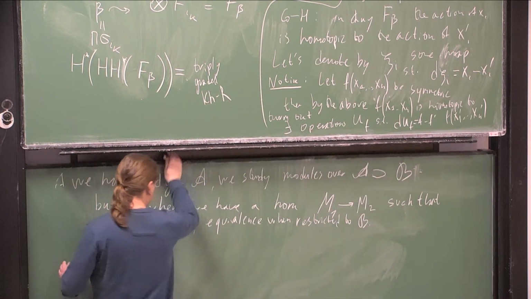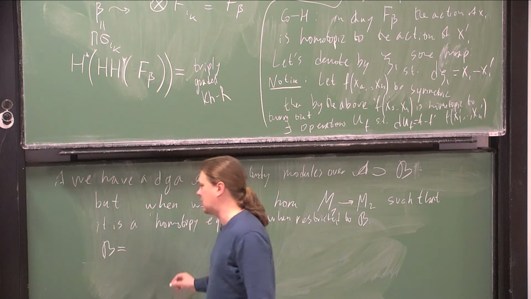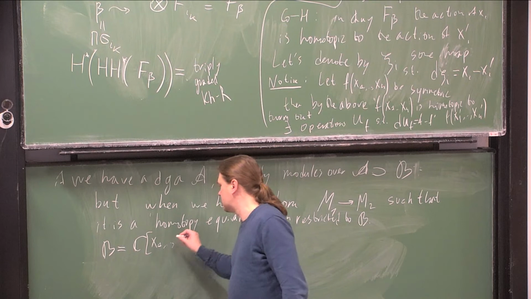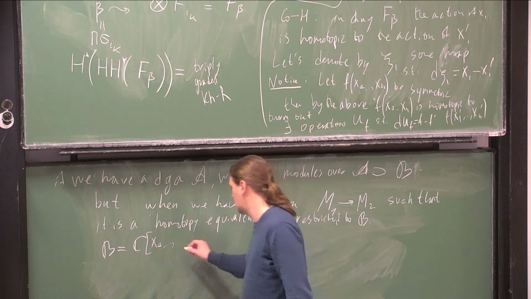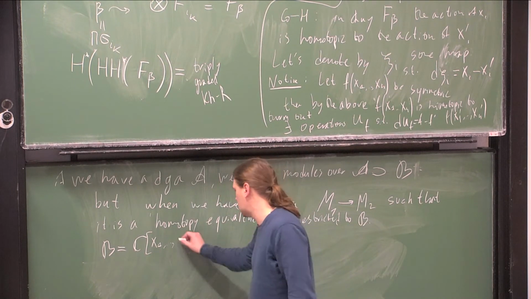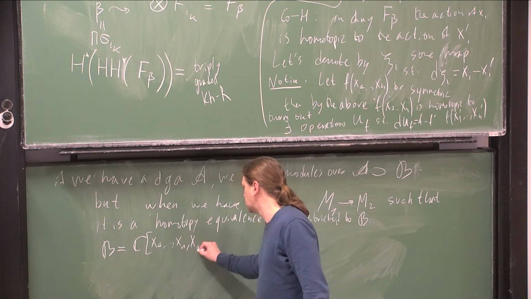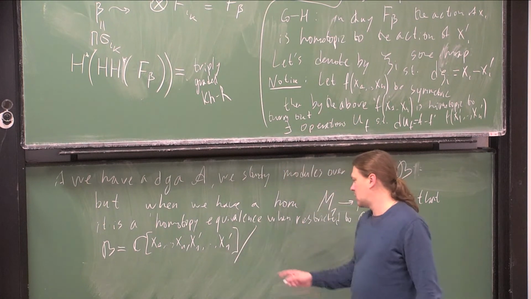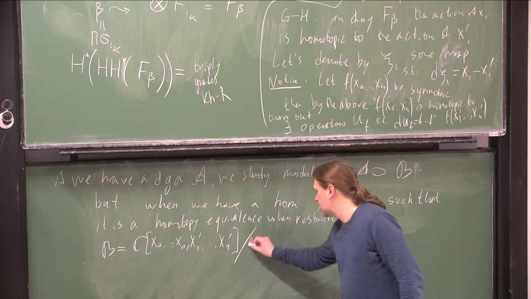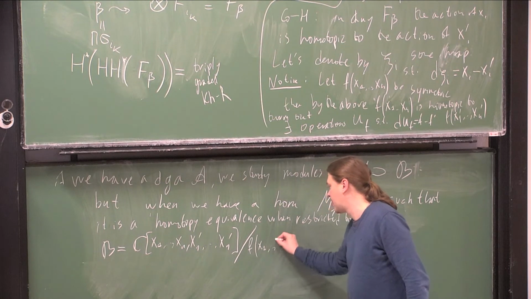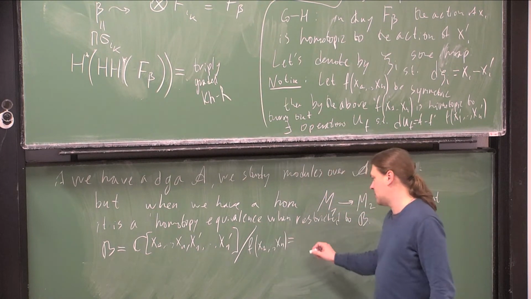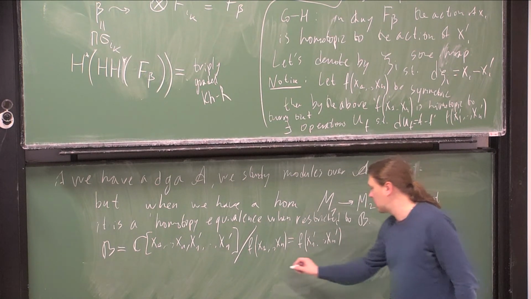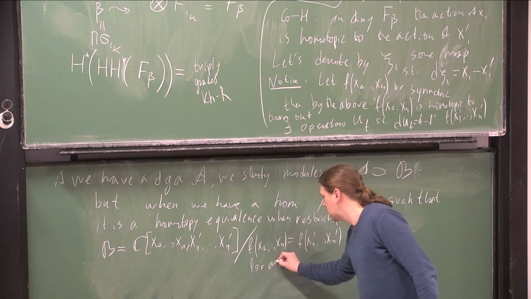First, B is simply the algebra generated by the x_i, modulo that any symmetric function in X equals 0.